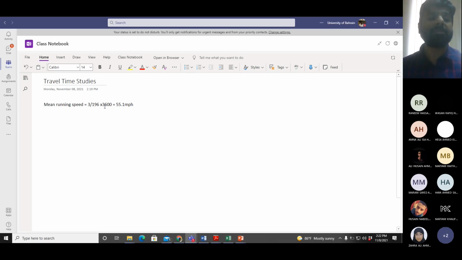Now for the 95% confidence interval, I will use the assumption given in the question, that running time also follows normal distribution. Because for normal distribution, I know there's a theorem named central limit theorem. We studied it in the spot speed topic. Keep one thing in mind: travel time and spot speed are in the same chapter of the textbook.